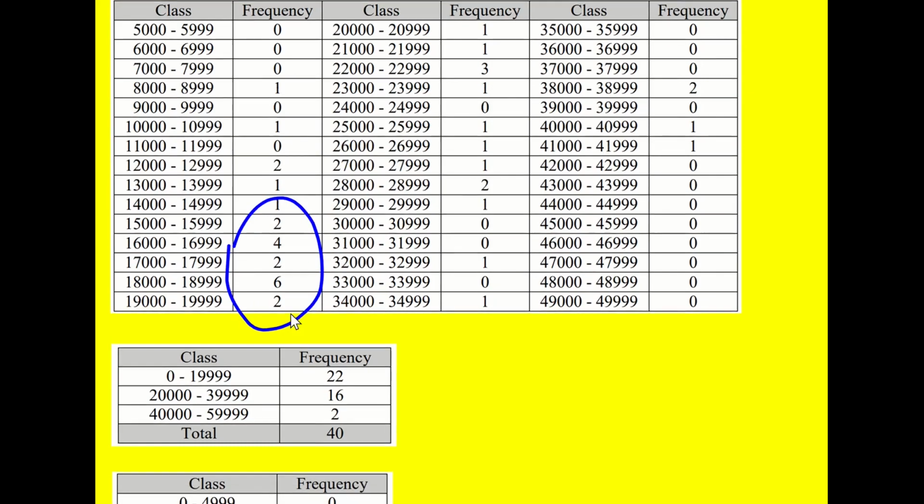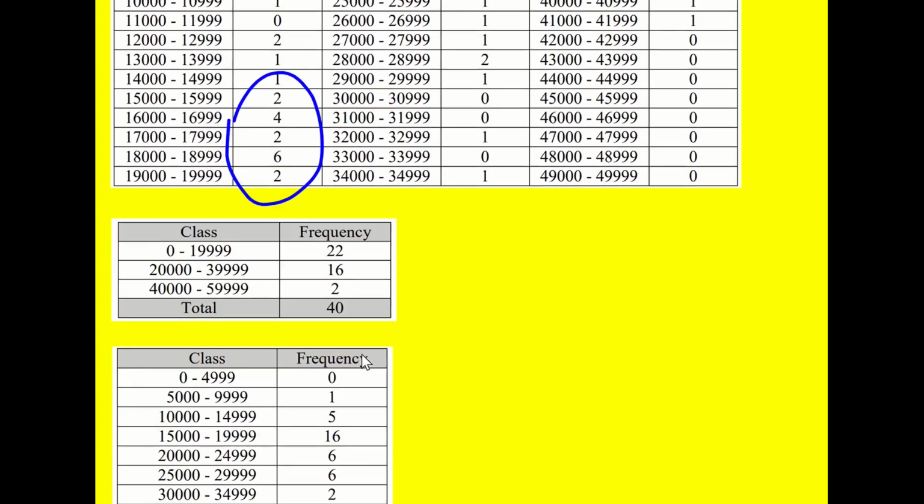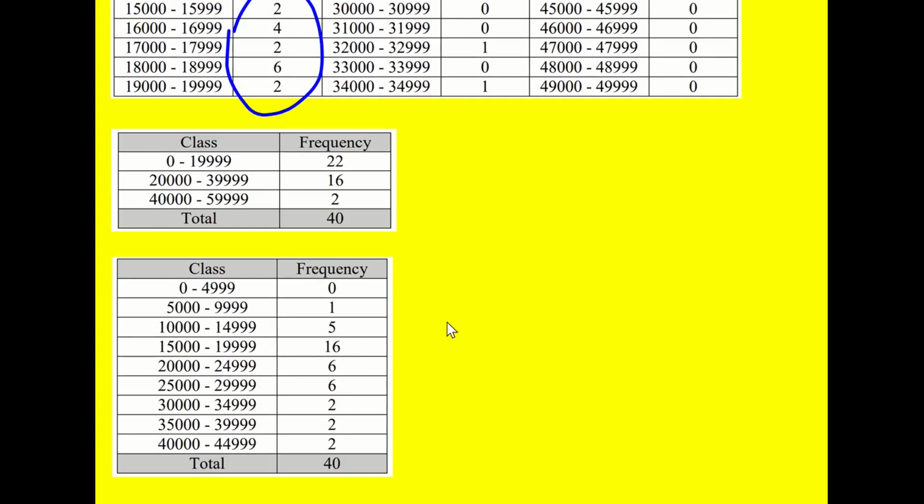Well, then it's all condensed, and again, this is not that useful. I can see a lot between 0 and 20,000, but I don't really get a good feel. One thing that gives me a little bit more would be if I did every 5,000. So now, this really pinpoints. We see there are loads between 15,000 and 19,999.